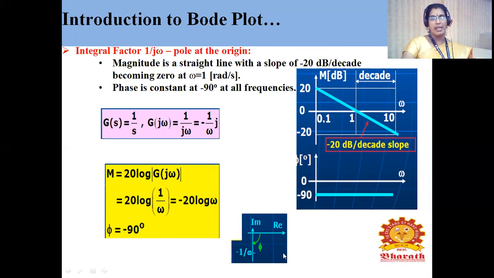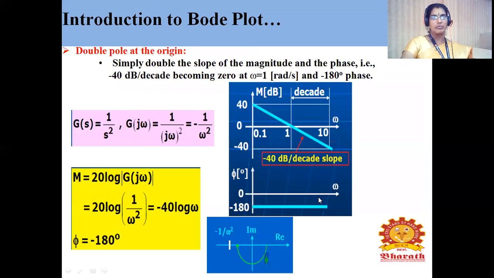Keeping these points in mind, you can see here the decibel line is varying from 20 to minus 20. So this line represents a minus 20 dB per decade slope. If you are taking the angle, it is minus 90 degrees. Similarly, double pole at the origin. See, actually in the previous slide, we had only 1 by j omega.